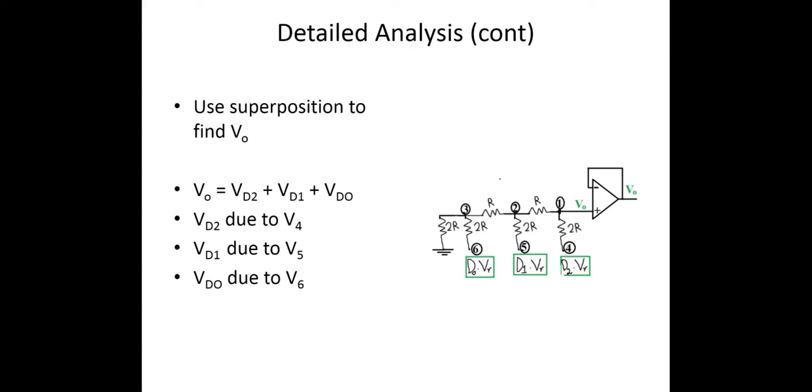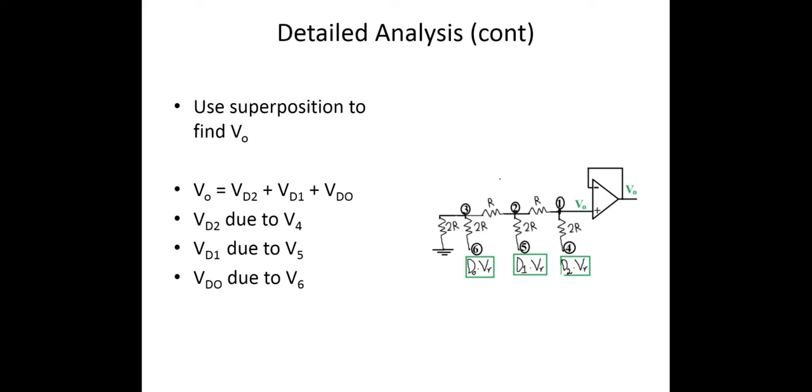V4 is the voltage at node 4, and this voltage is controlled by bit D2. So V4 will be equal to VR if D2 is 1 and 0 otherwise. And similarly V5 corresponds to bit D1, and V6 corresponds to bit D0, and V naught will then be sum of voltage due to V4, voltage due to V5 and voltage due to V6.